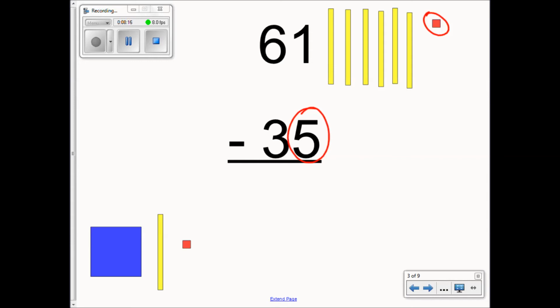Does anybody have any idea what in the world I could do? Because I've only got 1 one, but I need to subtract 5.